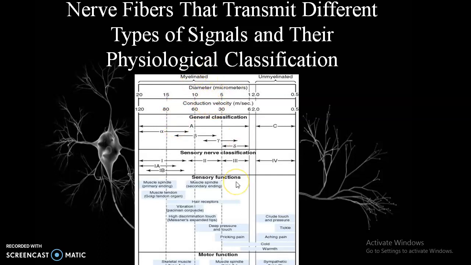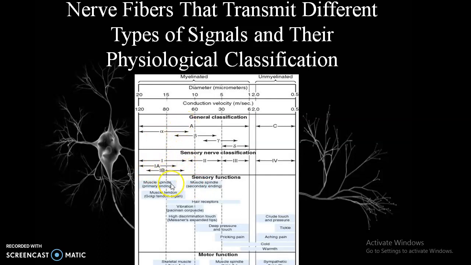Now there is an alternative classification that is used by sensory physiologists. Certain recording techniques have made it possible to separate A alpha into two subgroups. So there is a sensory nerve classification given here: group 1, group 2, group 3 and group 4. Within group 1, that is A alpha, there is 1A and 1B.